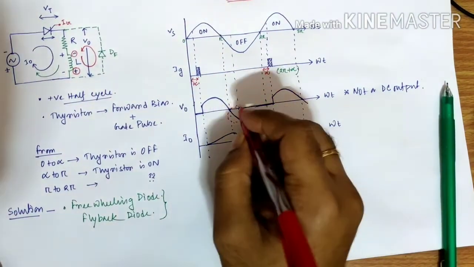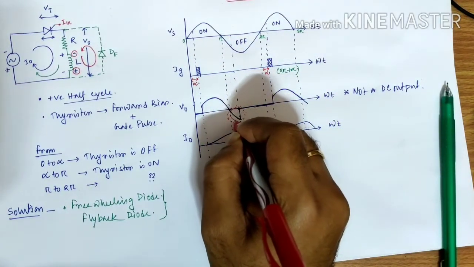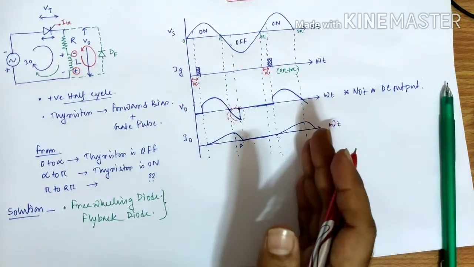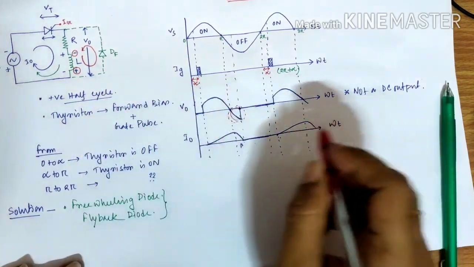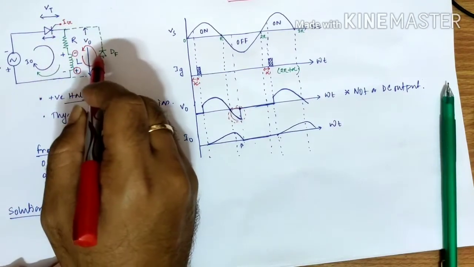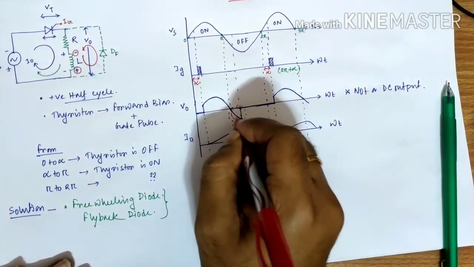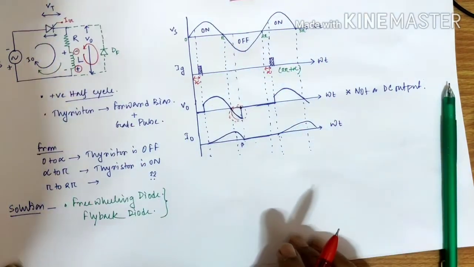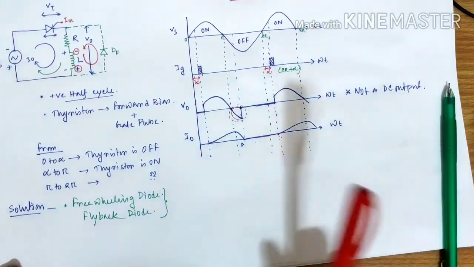Within a very small period of time, the voltage available in the negative half cycle will be discharged via this diode. So if we connect this diode in this way, this portion of the negative half cycle will be eliminated. Then only we will get the DC output.